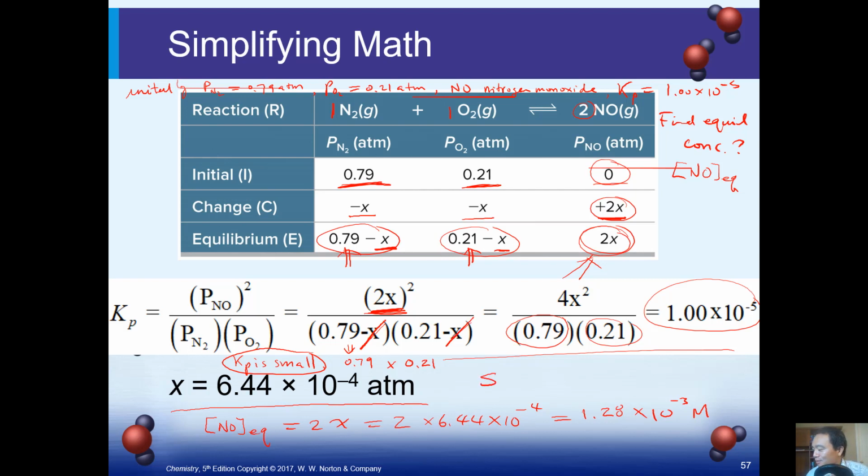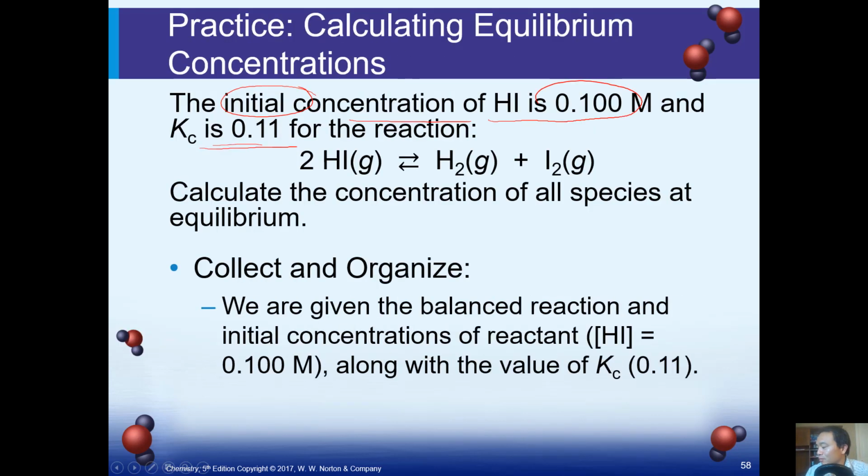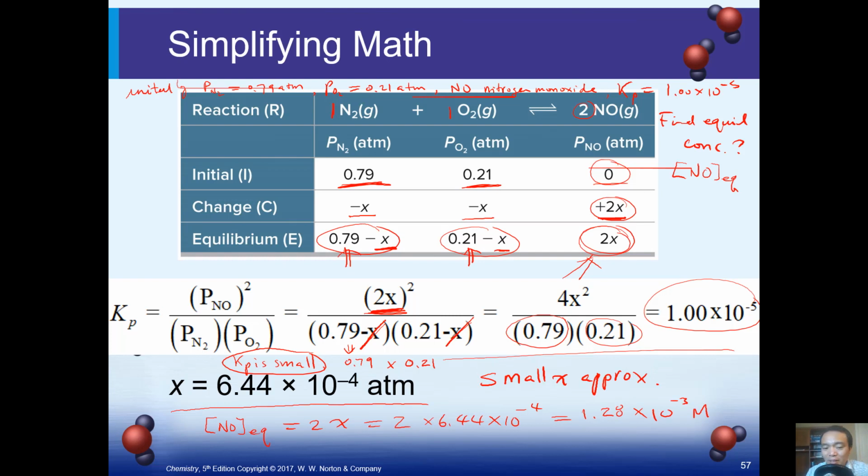This is the so-called small x approximation. If K is small, use the small x approximation, which means you neglect the change of concentration compared to the initial ones, then you will be able to solve for x more easily.